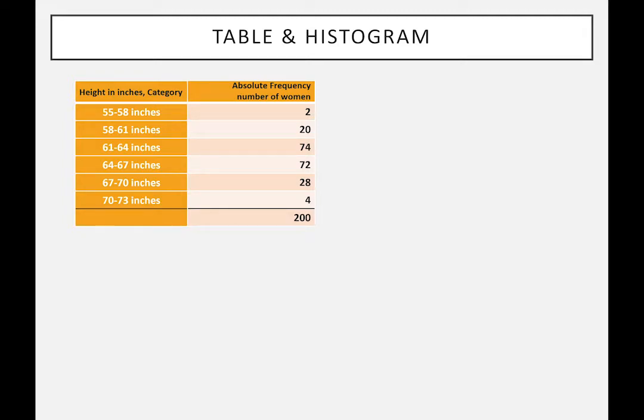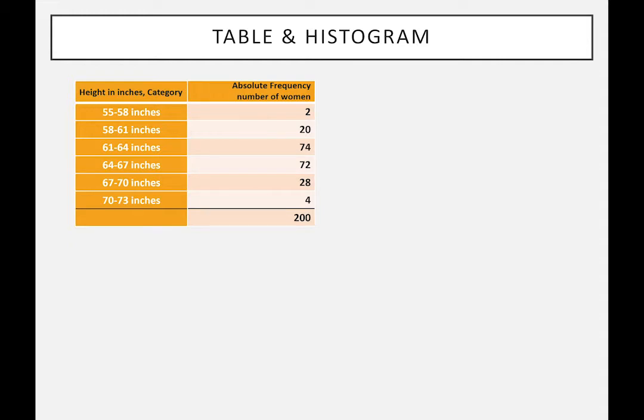I've just presented it in a different way, but you'll notice now I've called this absolute frequency, and this is the term that's used for it. Absolute frequency is the number of people that fall into each of these categories. Bear in mind too that I didn't have the exact data. For example, for the 2 women that were between 55 and 58 inches, I did not have the exact data on how tall they were. All I knew is there were 2 women that fell into this category. Incidentally, this word category is sometimes referred to as a cell.